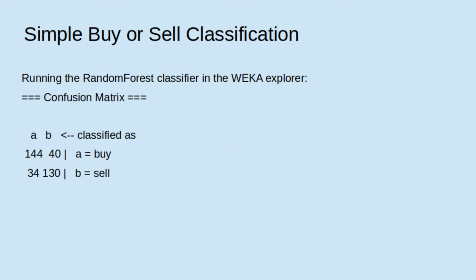Taking a quick look at the confusion matrix again, we correctly called 144 out of 184 buys and 130 out of 164 sells.